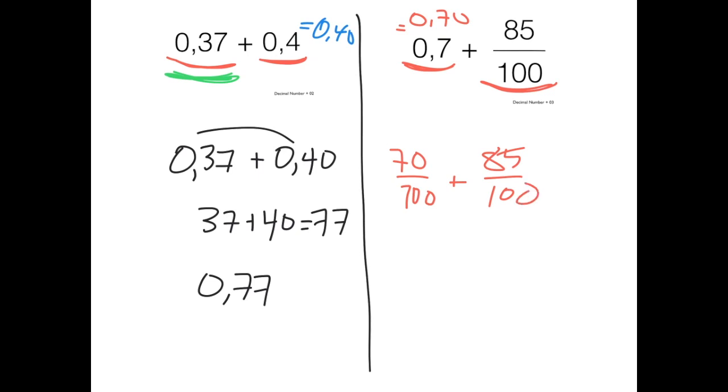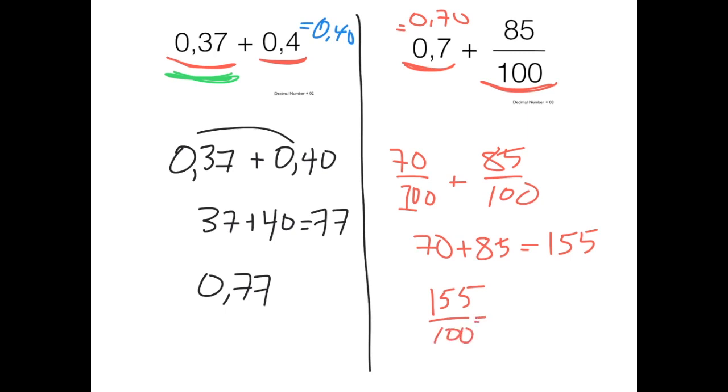So here I have 70 hundredths and 85 hundredths. At this point, I can use my knowledge of whole numbers again and find the sum of 70 and 85, which is 155, which will give me an answer to my original expression of 155 hundredths.